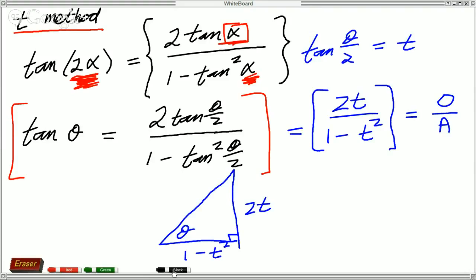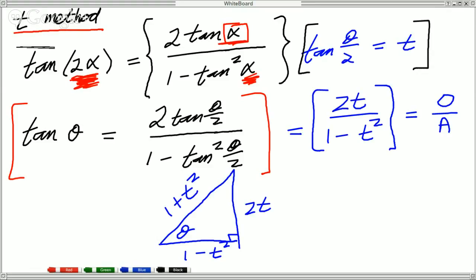And if we find the third side using Pythagoras theorem, we will find that it is 1 plus t squared. That's what that third side's going to be. So now we have a way to express sine, cos, and tan, all of them in terms of t. We can express sine theta in terms of t and cos theta in terms of t.